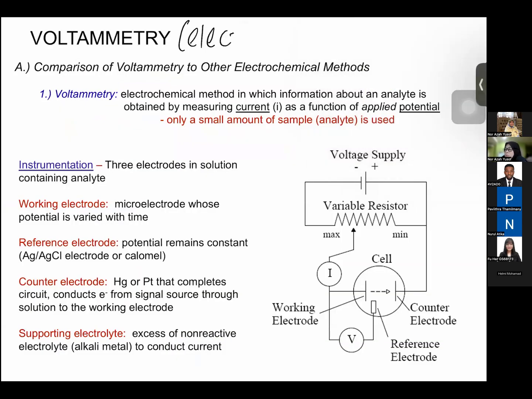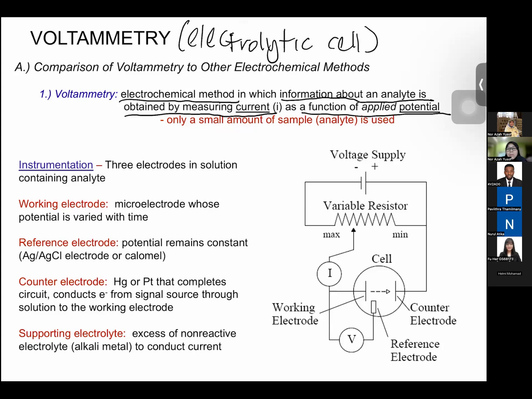So it's electrolytic cell. I don't know what terms you learned before. It's an electrochemical method in which information about an analyte is obtained by measuring current as a function of applied potential. By now you have read about potential, and you understand a bit about current. So this is voltammetry.